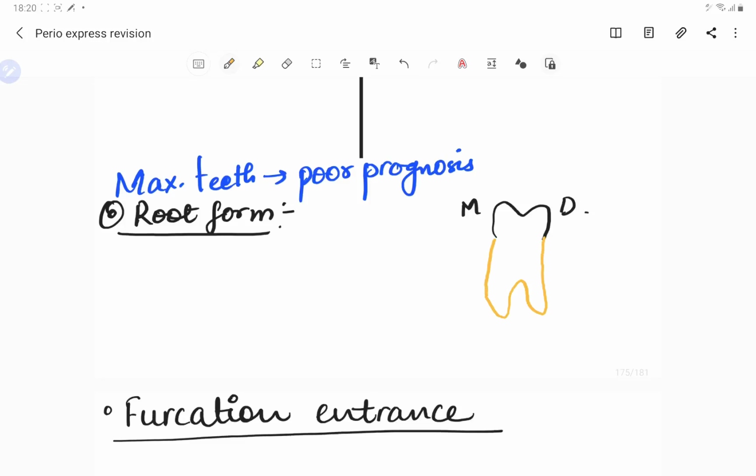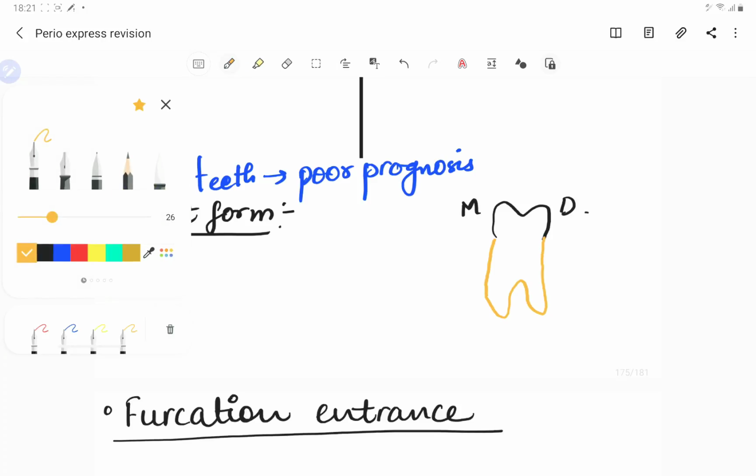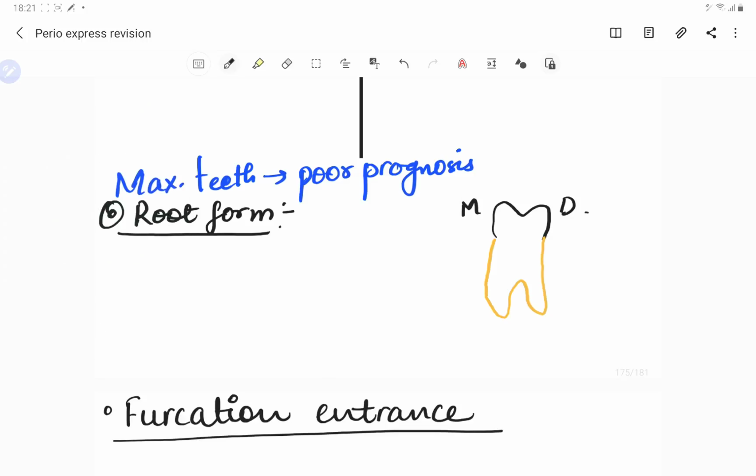So all these things make it difficult to clean. So it causes a problem in maintenance and the debridement of the furcation involved root. So it makes it a poor prognosis, as well as you see there is a fluting or concavity which is present in the distal aspect of this root.